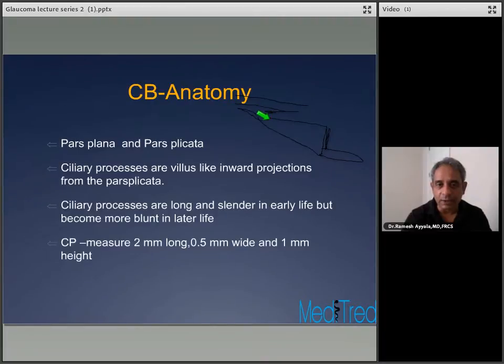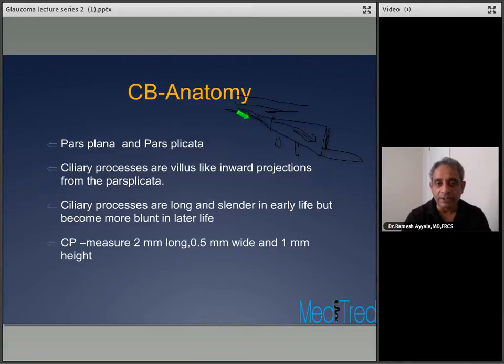The anterior portion is what we call the pars plicata, which is rich with blood vessels and the muscle fibers. And this is where the ciliary processes take their origin from. The posterior portion is called the pars plana. Remember, anatomically and surgically, that's located approximately 3 millimeters posterior to the limbus, and is where we enter the vitreous.